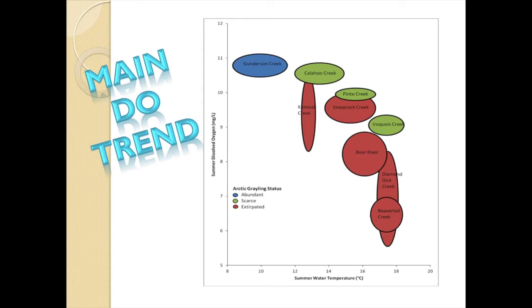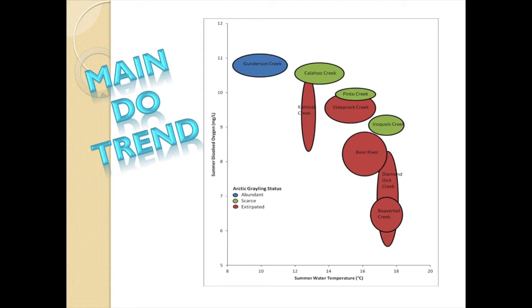The ones that don't have grayling, they look different. We know that dissolved oxygen is good for cold water fish. But something that I hadn't seen anywhere in the literature, and neither Mike nor Craig are aware of, is this interesting trend of healthy creeks having a large fluctuation in temperature. Something new. I don't know what it means, but I hadn't seen anyone else write it down in the literature before, so I'm going to claim that as my own.